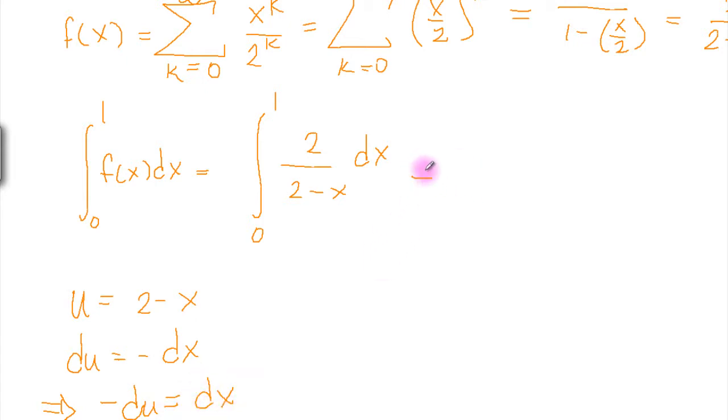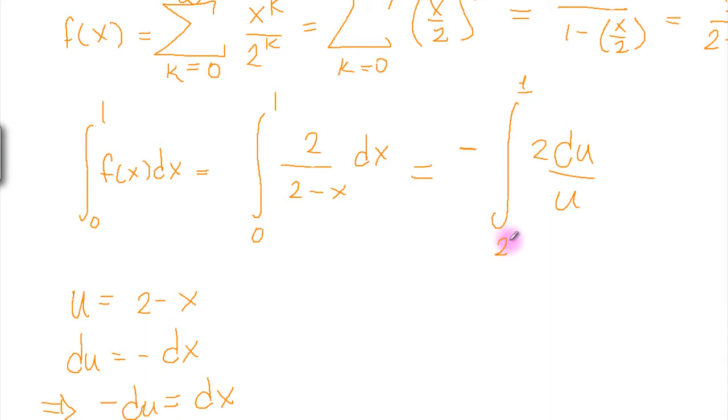Now let's substitute. If we plug in 0 for x, we get u equals 2. We have the minus from the du, we got 2 in the bottom. We plug in 1, we get 1. 2 du over u.